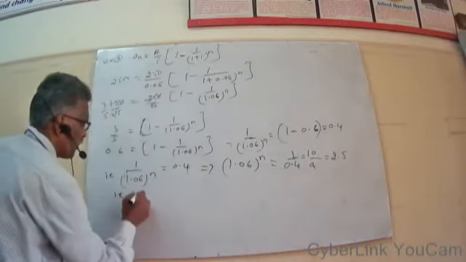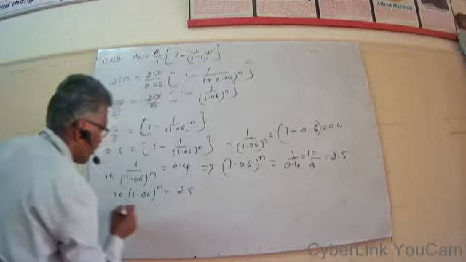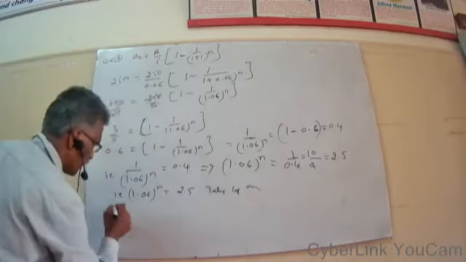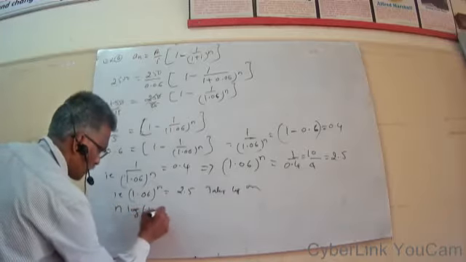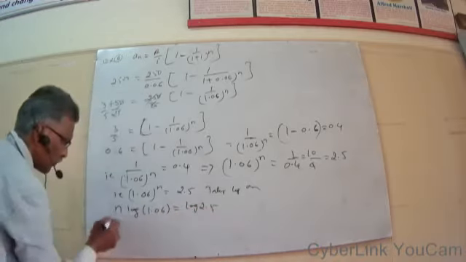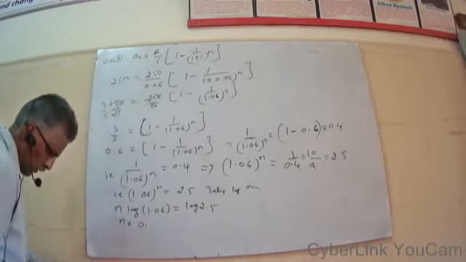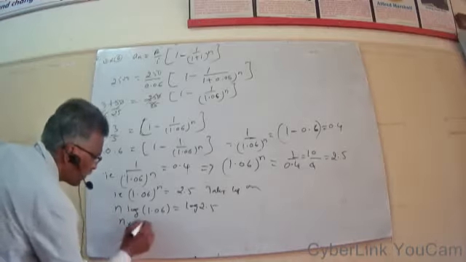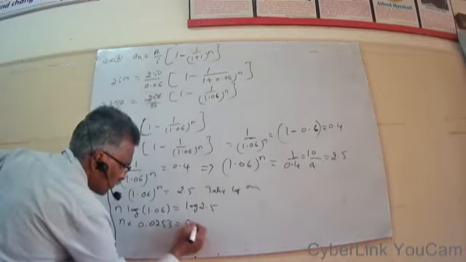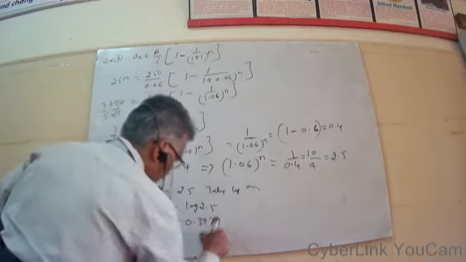That is, 1.06 raised to n equals 2.5. Taking logarithm on both the sides, we get n into log of 1.06 equals log of 2.5. That is, n into log of 1.06, which is 0.0253, equals log of 2.5, which is 0.3979.